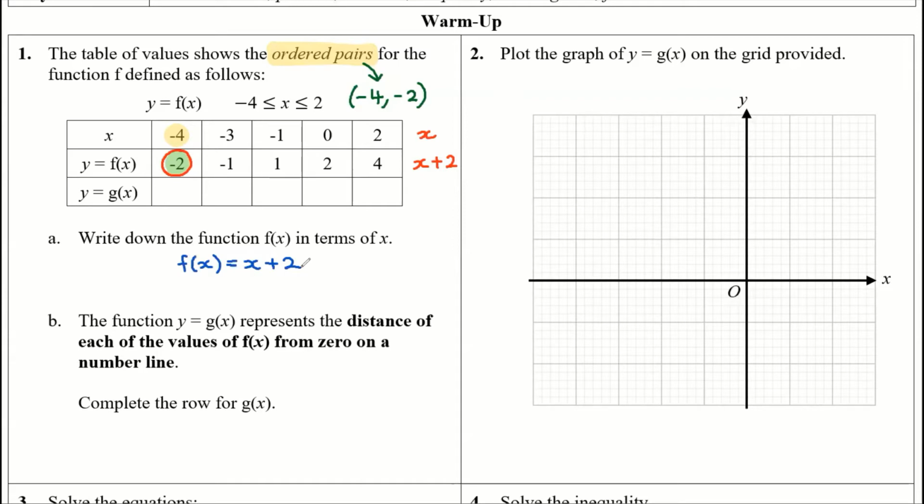So, for example, I'll draw a little number line here. If I put the origin here, and I'll put the number 1 here, and maybe I'll put the number -2. Just imagine a snippet of the number line, zooming in. If we're interested in the distance of each of the values of the function from 0 on a number line, suppose your x input was 1, like we have here.